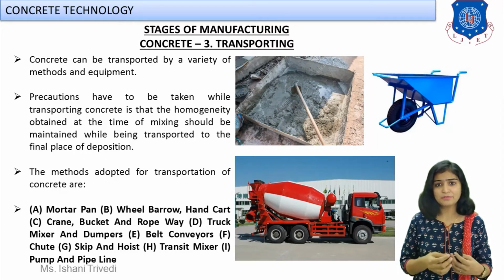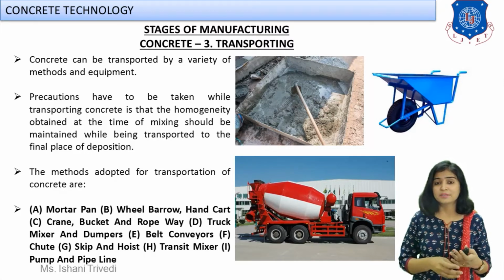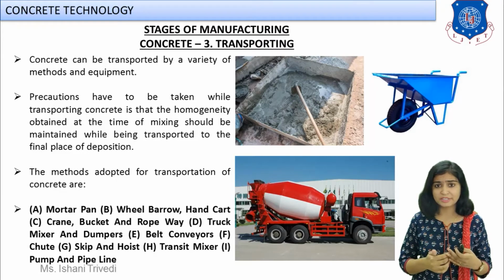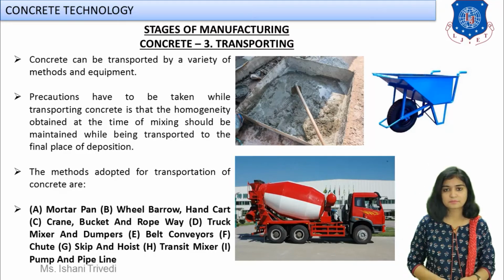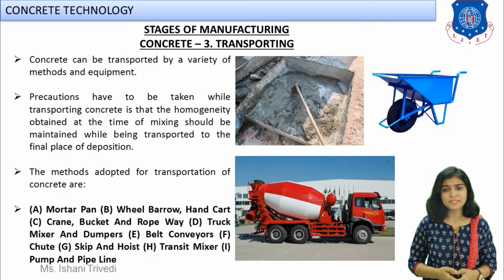So workers and laborers will carry it to the required site. This type can be done only when you are dealing with small scale concreting work, small scale production, right? For large distances, you will require different transporting methods.